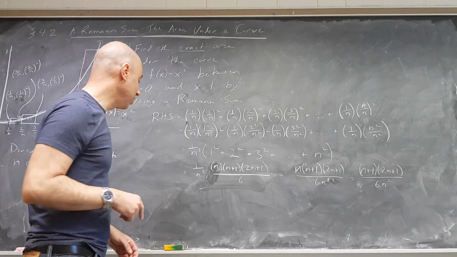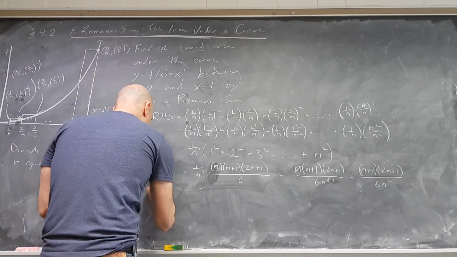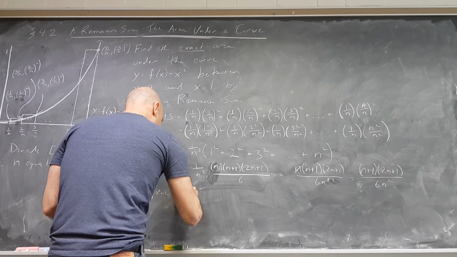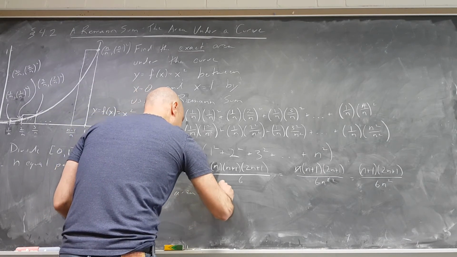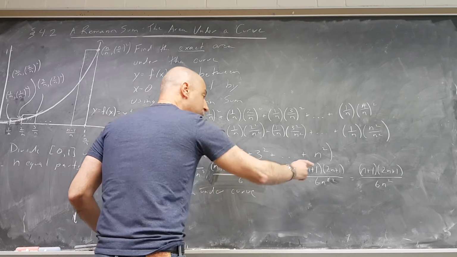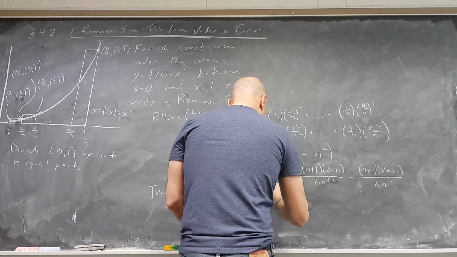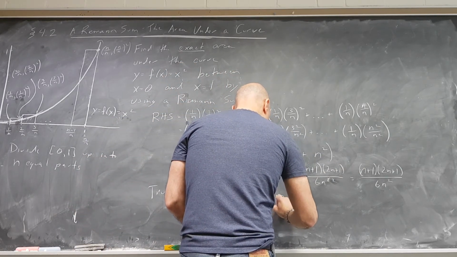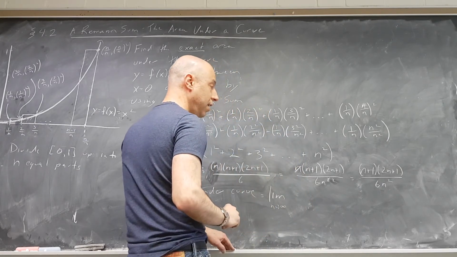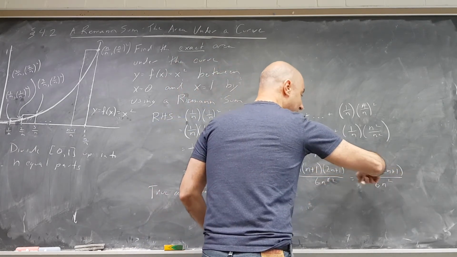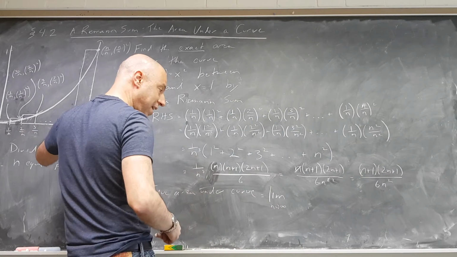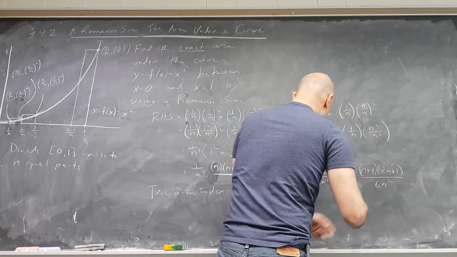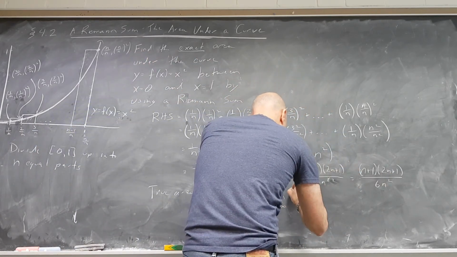So the true area under the curve will be the limit as n goes to infinity of the total area underneath all the rectangles, which we have made very nice over here.